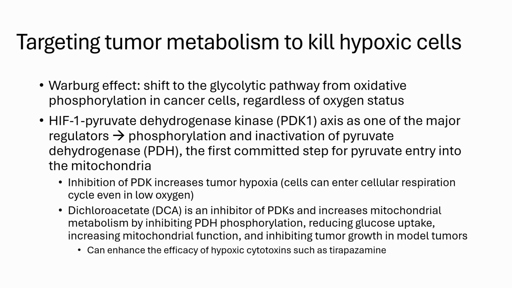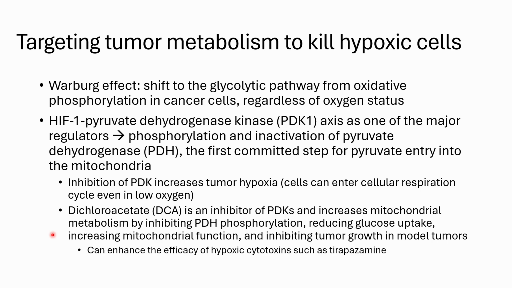But there's this drug called DCA, or dichloroacetate, and this is an inhibitor of PDKs, and it's been used to treat patients with inborn errors of metabolism. DCA increases mitochondrial metabolism in these patients by inhibiting the activity of PDKs.